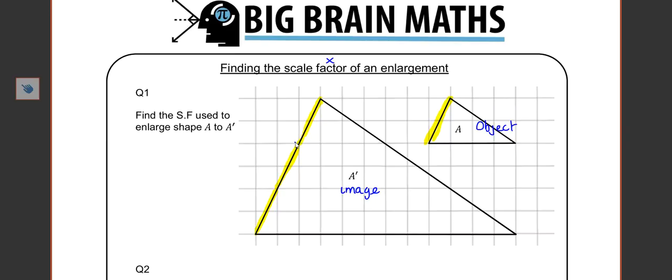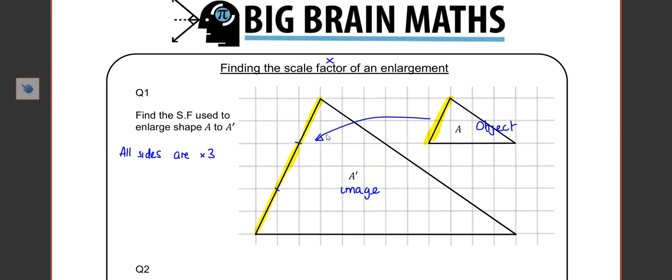Okay, so it looks like the scale factor in this shape is 3. So we can say all sides are times 3, and we're going from that side to the same side, from the object to the image.